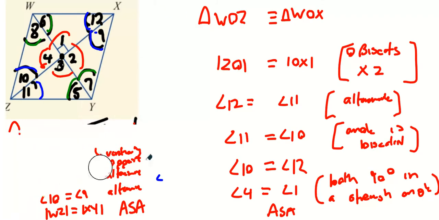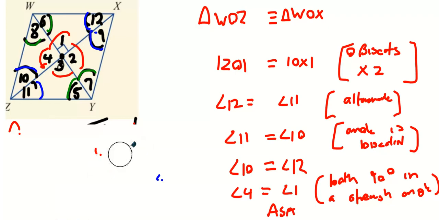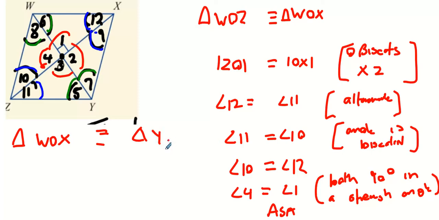Now, let's start with top versus bottom. What's the name of the two triangles? Who's top and who's bottom? WOX is on top, and who's bottom? YOZ. Now, angle 1 equals angle 3.